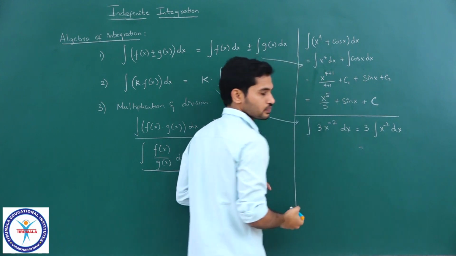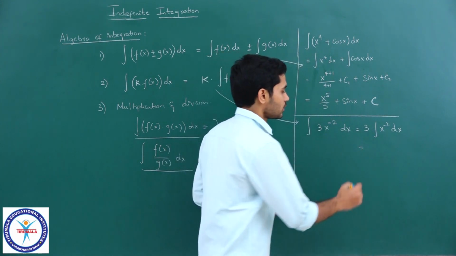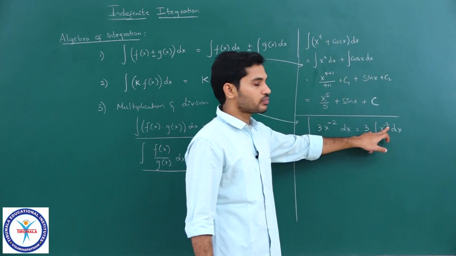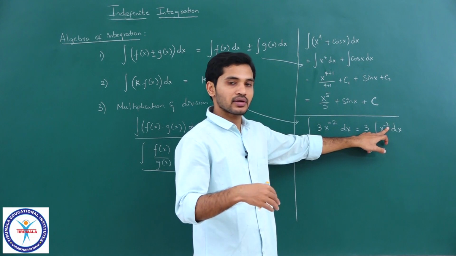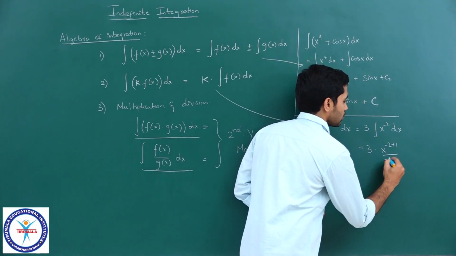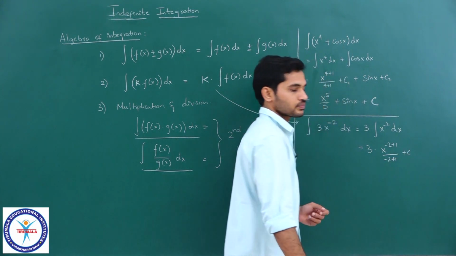Now you know what to do. So I can directly apply the formula which we earlier understood. So this can be written as 3 into x power minus 2 plus 1 by minus 2 plus 1 plus a constant. Clear?